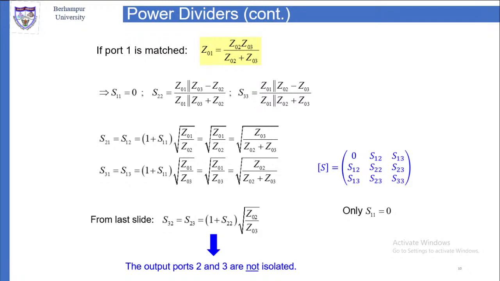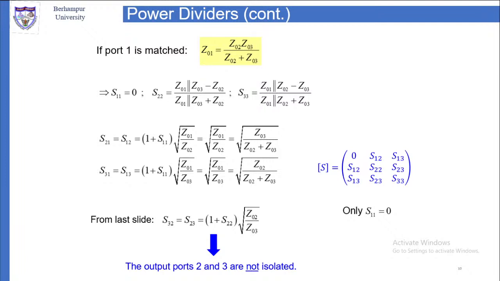Now, from the last slide, we have seen S32 is equal to S23 is equal to 1 plus S22 into root over of Z02 by Z03, which implies that port 2 and port 3 are not isolated. There is some relationship between port 2 and port 3. Some power at port 2 is related to power at port 3, and power at port 3 is related to power at port 2.